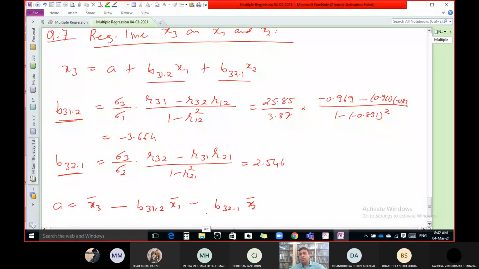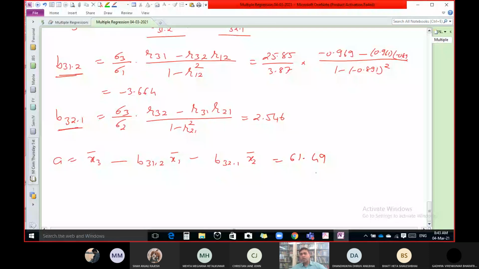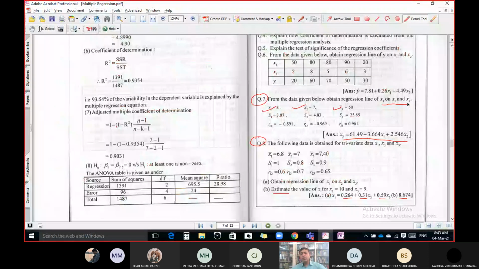So substitute the values, you will get 61.49 as the value of A. And then we get the final answer, the regression line like this. So this is the way to find the regression line, and once we have given values of x1 and x2, we are able to estimate the value of x3.